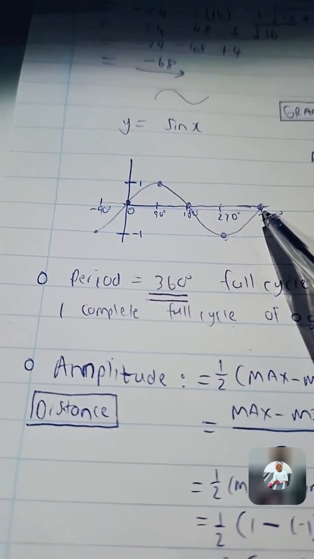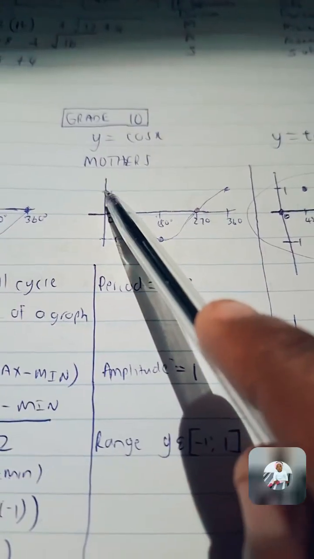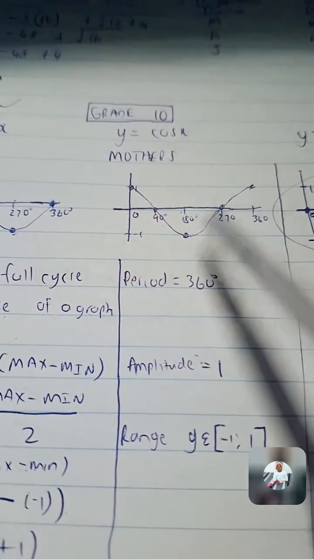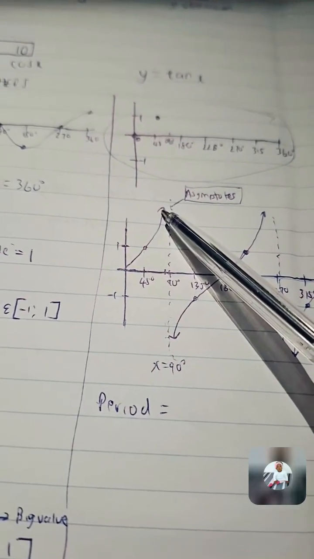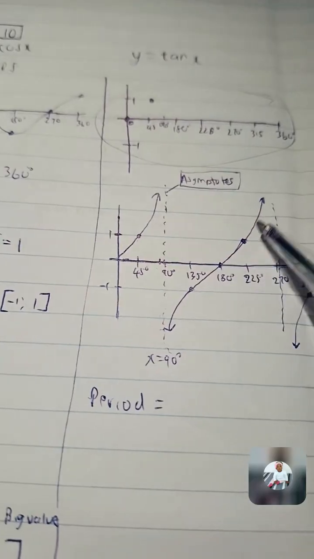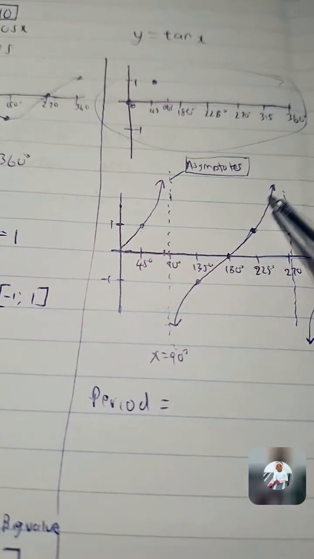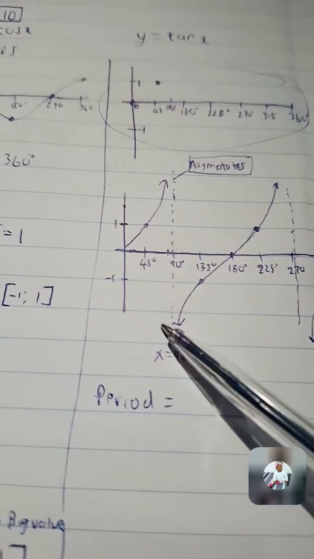And the graph repeats itself every 360 degrees. This is the shape of the mother sine graph. Then for the cos graph, same thing. It takes 360 degrees to complete one full cycle, so the period is 360 degrees. Now with the tan graph, look at this, guys. Do you see that this here represents a full cycle of the tan graph?